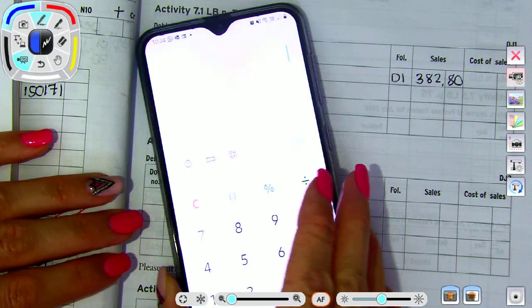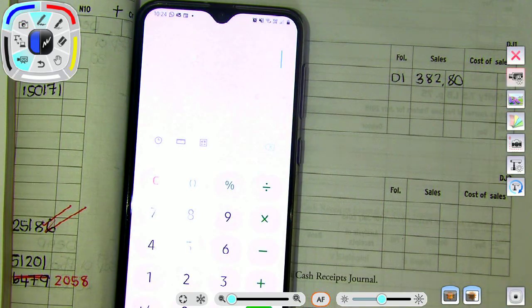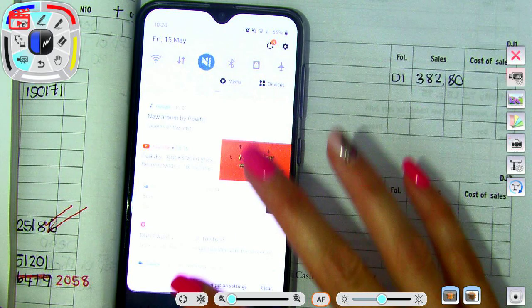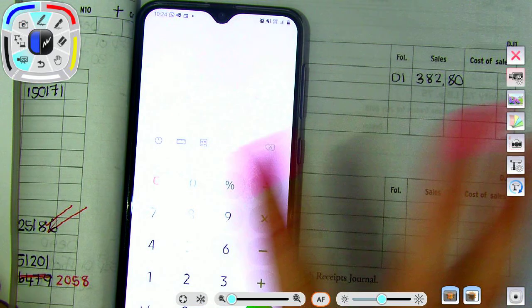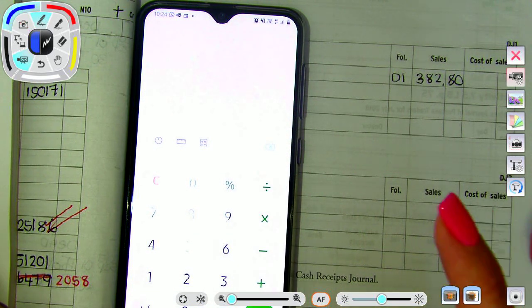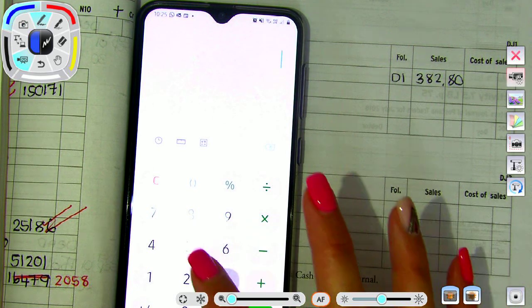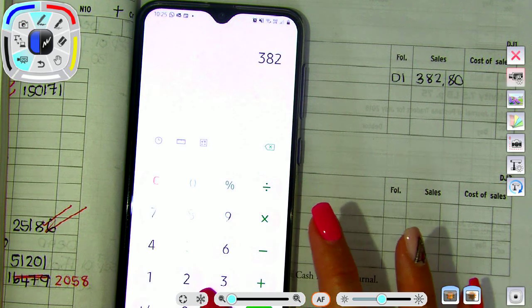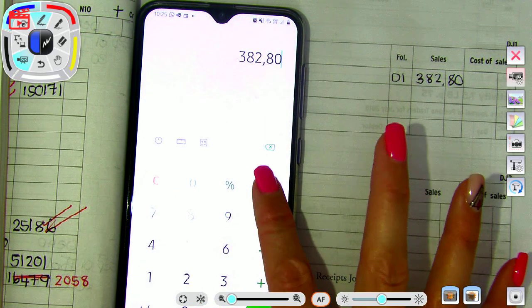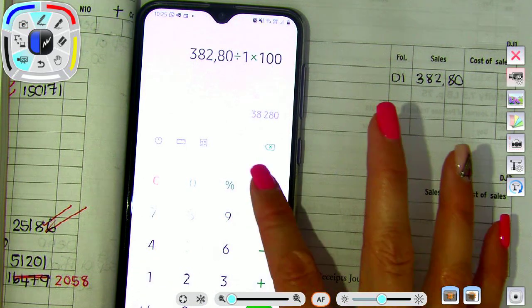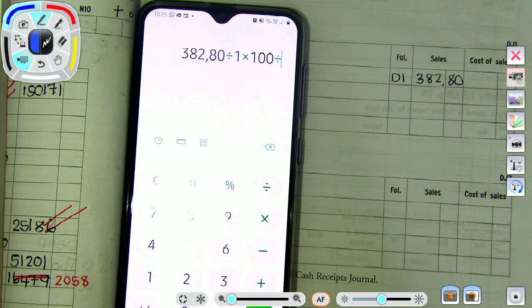Okay, then what do we have to work out? My cost of sales. So how do we do that? We use my formula: selling price 382 Rand and 80 cents divided by 1 times 100 divided by 100 plus percentage. And they told us that our percentage was 45.